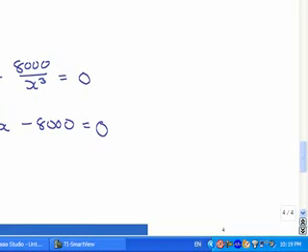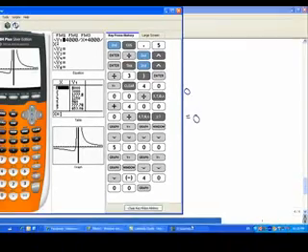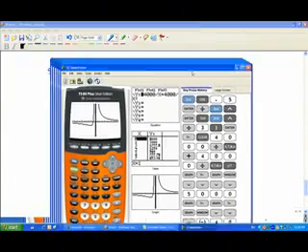Okay, you are facing a polynomial of degree 4. Now, if you read the question carefully, we do not need the value of x to be exact. So what we can do here is to use the GC to help us solve the question.